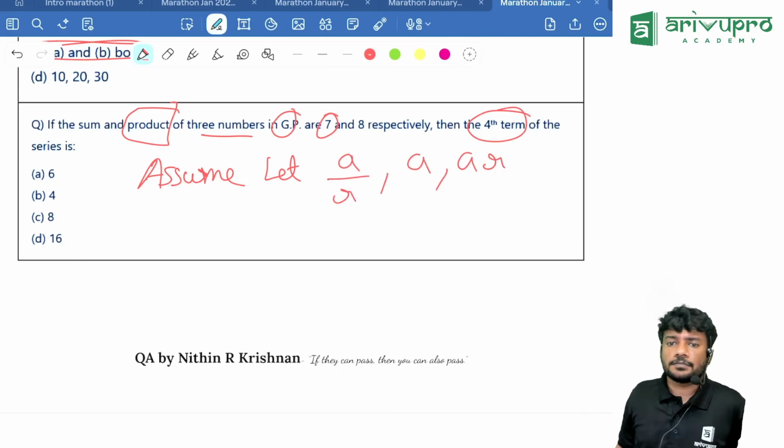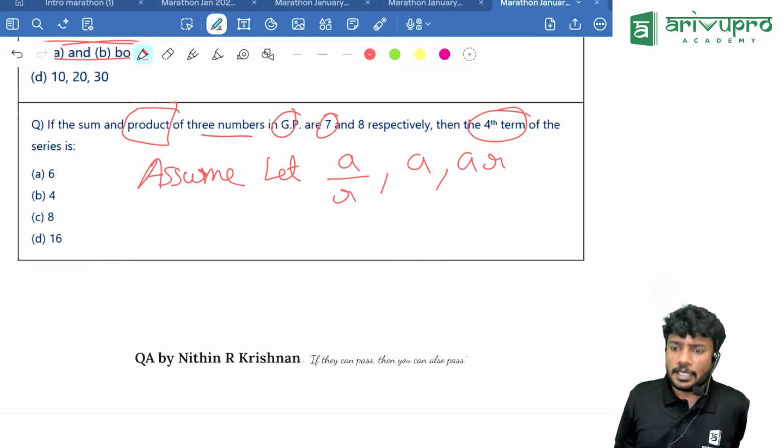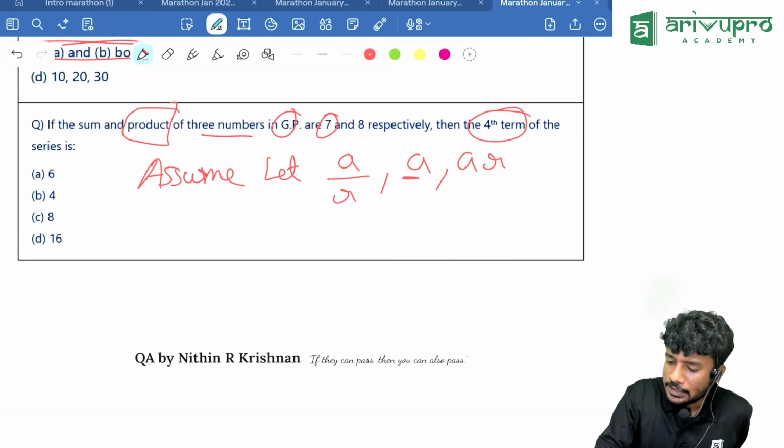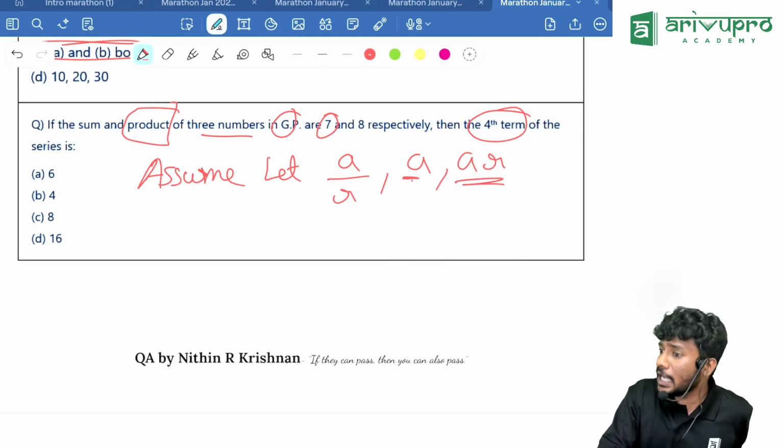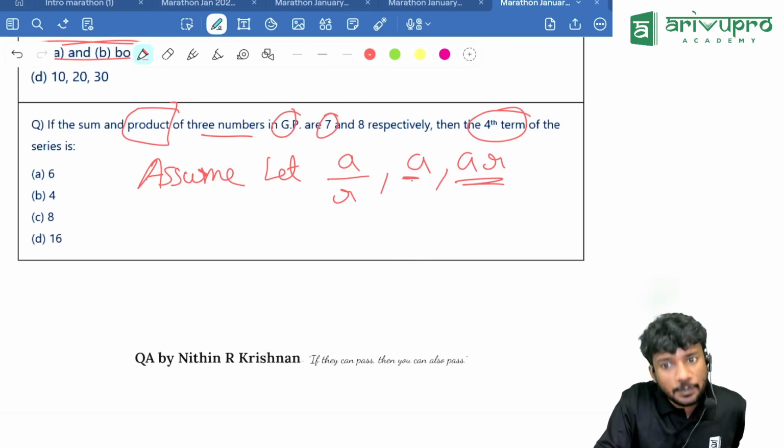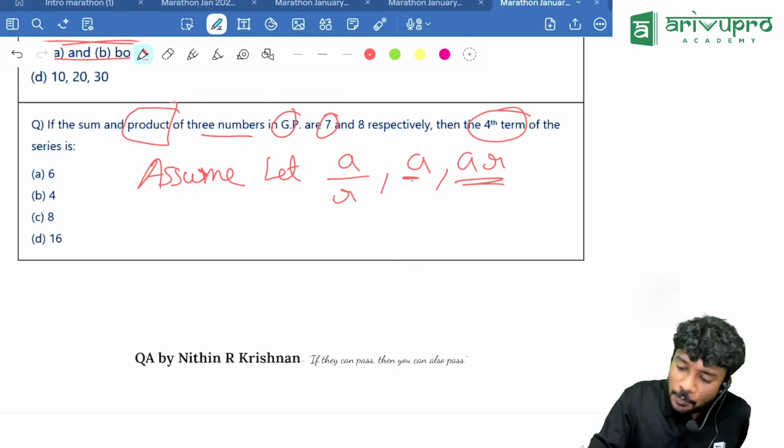Is this correct? That means the common ratio is R only, right? If I multiply the first term with R, I get A. Second term with R, I get AR. That means they are in GP itself.